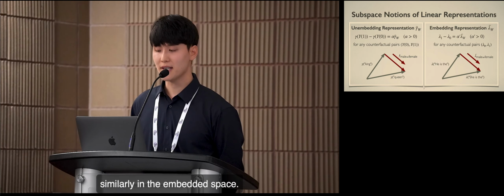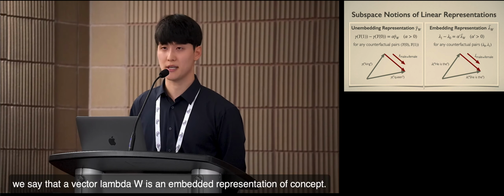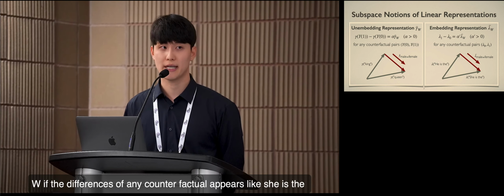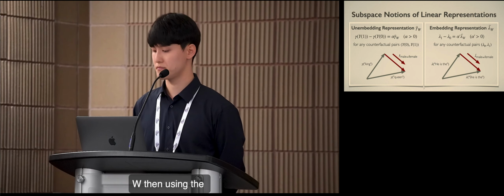Similarly, in the embedding space for the context, we say that a vector lambda bar w is an embedding representation of concept w if the differences of any counterfactual pairs like she is the minus he is the are parallel to lambda bar w.